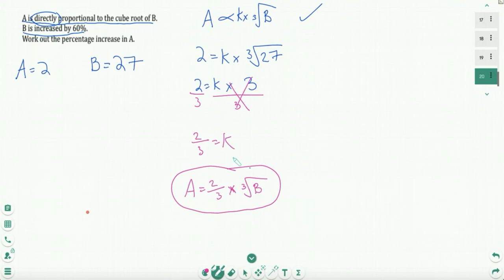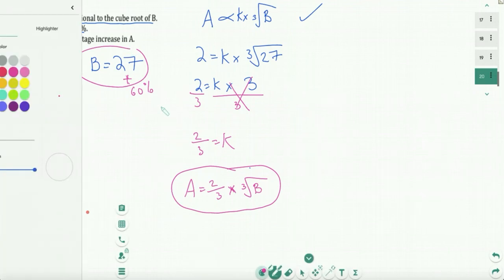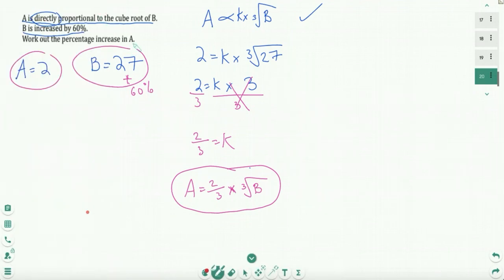Now, we said a is 2 and b is 27. And now what's happened is b has been increased by 60%. So let's increase b by 60%, okay? Plus 60%. Remember how we do this, guys? We use a multiplier to increase 27 by 60%. 27 is our original amount, hence it's 100%.